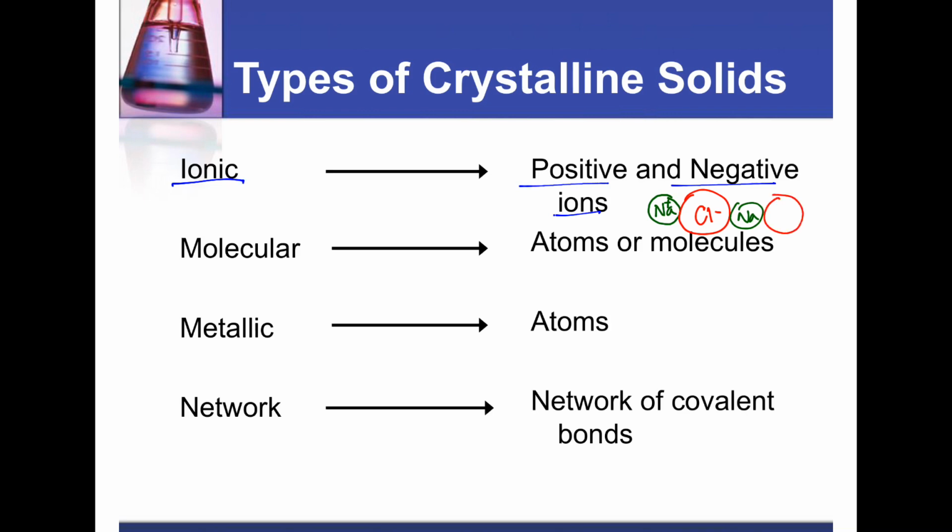And remember, they go in all directions. So there would be a sodium on this side, this side, and there would be a chlorine in between these. So that's our idea of an ionic solid.